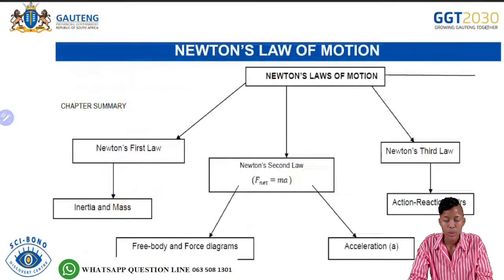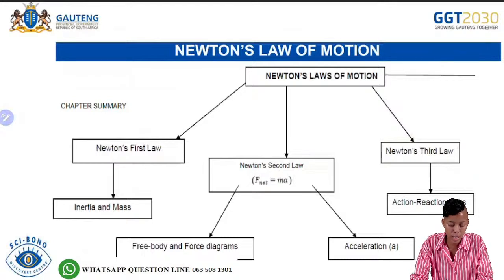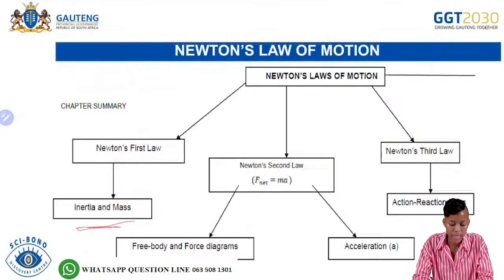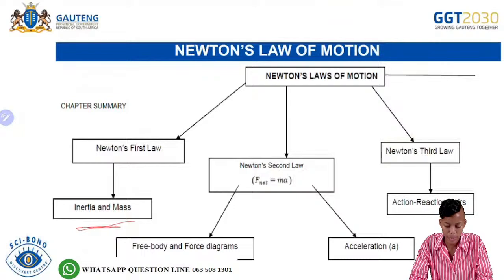So far, we are still under the topic of Newton's laws of motion. And so far, we have covered Newton's first law, and under Newton's first law, we covered inertia and mass.